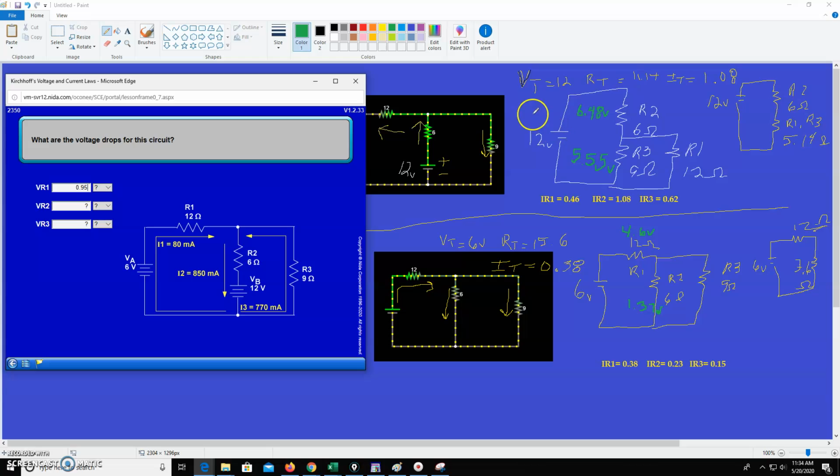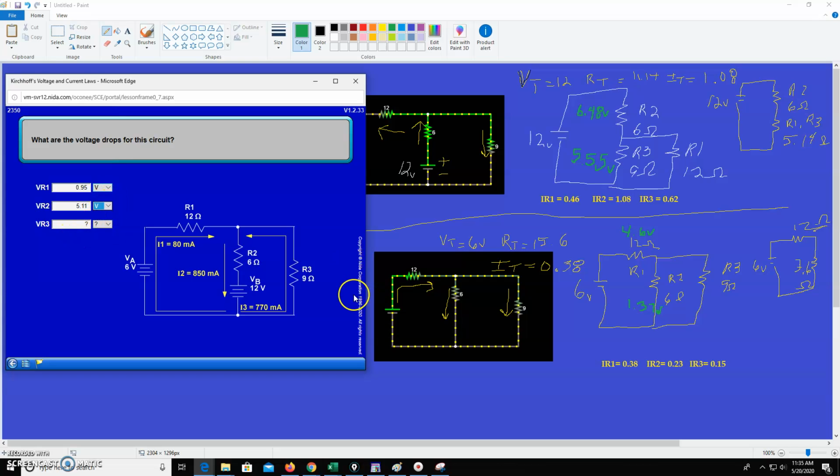0.95 volts. Do the same thing here for R2. R2 is the middle one. They have opposing arrows, so we're going to have to subtract. So 6.48 minus 1.37 equals 5.11 volts.